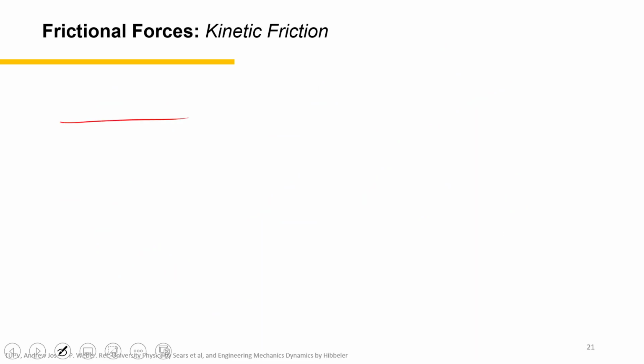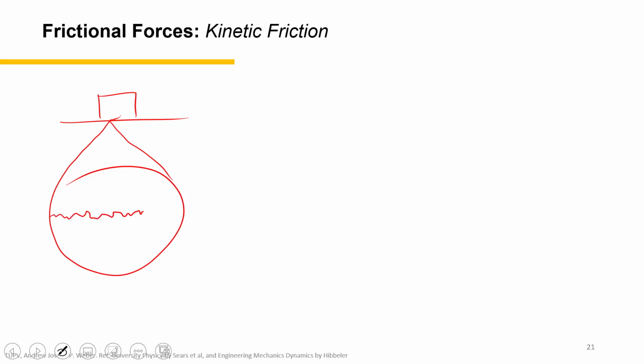So if we are going to magnify that point of contact, a particular point of contact, we may find a surprising surface, because really, no matter how smooth the surface is, it is always rough at microscopic level.